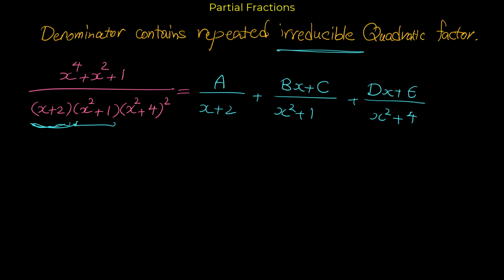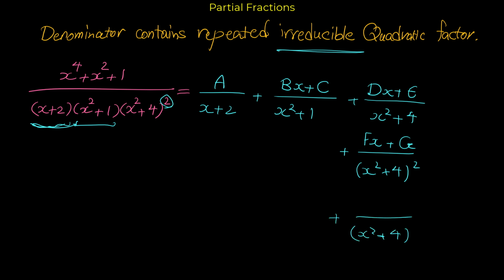But attention, this is repeated and it is raised to the 2, so we have this extra partial fraction, (x^2 plus 4) to the 2, and of course in the top we put Fx plus G. If this was power 3, then we would add (x^2 plus 4) to the 3, and of course Hx plus I here. But because it is raised only to the power of 2, we don't need this.